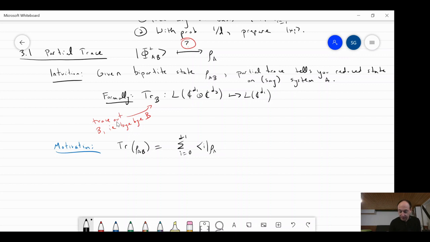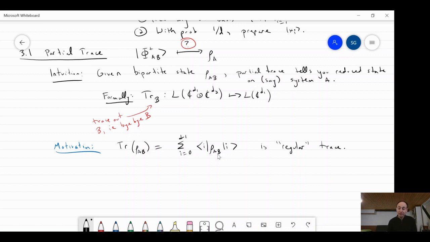It looks like this: the trace of rho AB equals the sum over i of the bra i, rho AB, ket i. Because remember that if I sandwich you with the same standard vector on both sides, ii, that's just picking out the term of rho at the ii point on the diagonal. That's just the definition of the trace. So that is the regular trace, or the full trace, which is not a formal term, by the way.